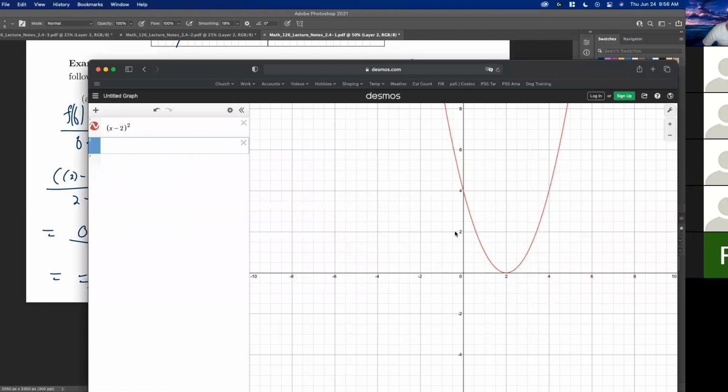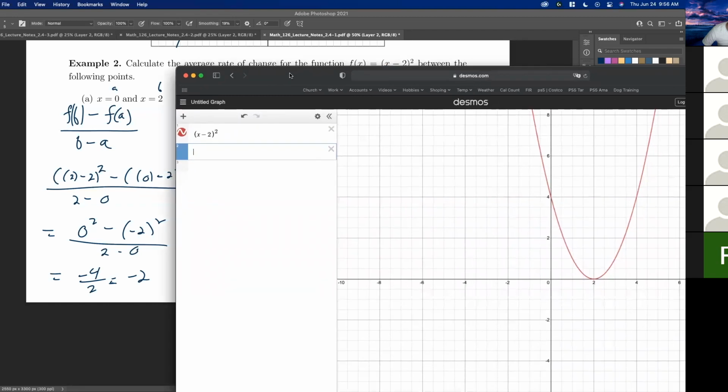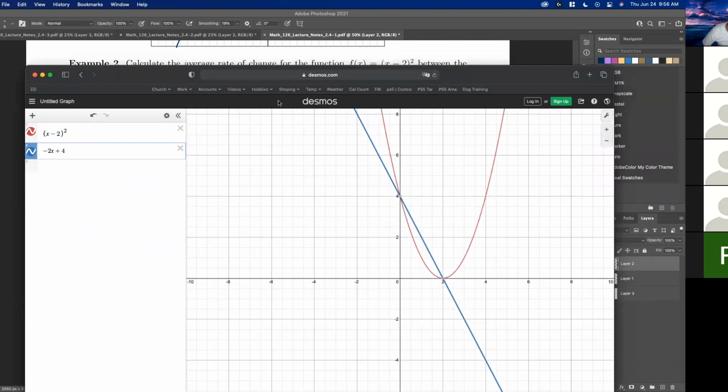Here I have x minus 2 squared. Let me see if I can draw this line real quick. This would be negative 2x plus 4. Okay, so here is my secant line between 0 and 2, right?